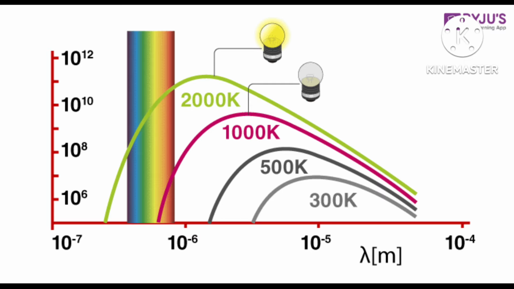With this theory, Planck was able to explain the distribution of intensity in the radiation from a black body as a function of frequency or wavelength at different temperatures.